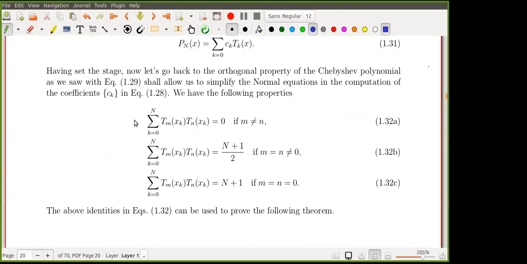So this is a property of the Chebyshev polynomial. You can see that when m is different from n, this dot product gives us 0. But when m is equal to n, this gives us n plus 1 by 2. We know that this is a norm square.